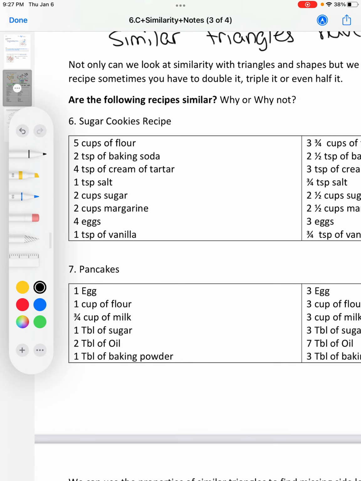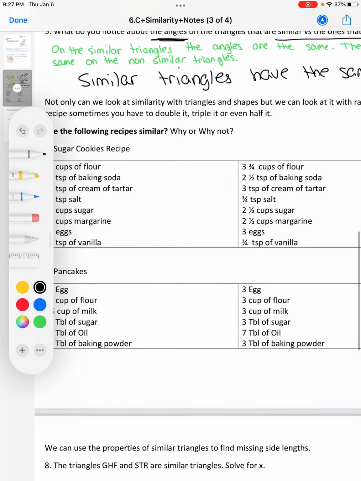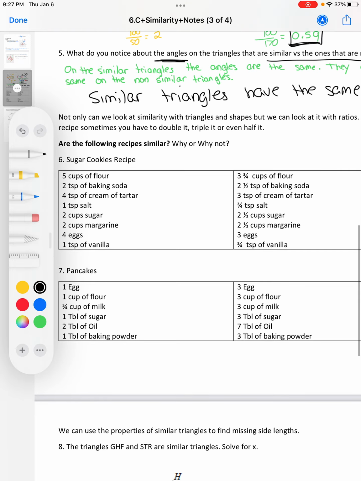It says it has 5 cups of flour, 2 teaspoons of baking soda, 4 teaspoons of cream of tartar, 1 teaspoon of salt, 2 cups of sugar, 2 cups of margarine, 4 eggs, and 1 teaspoon of vanilla. So let's compare and see if this side of the recipe is the same or if they're similar, okay?